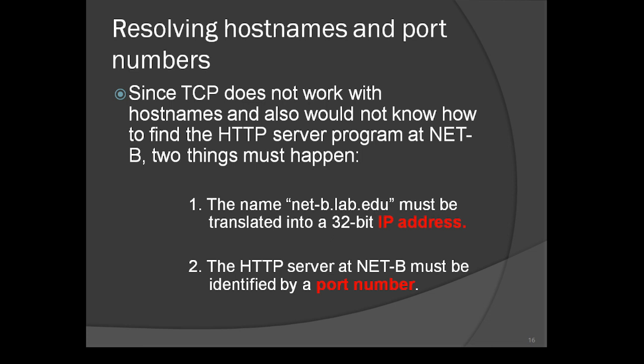The name net-b.lab.edu must be translated into a 32-bit IP address, so that TCP can recognize the location of the NetB server. Likewise, to define the service, NetB must be identified by a port number. The port number defines the HTTP service.